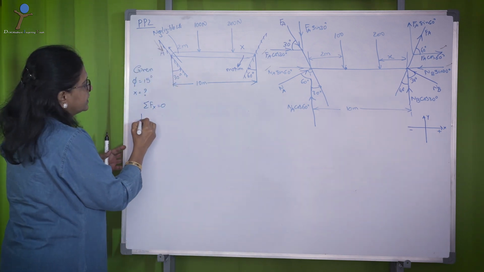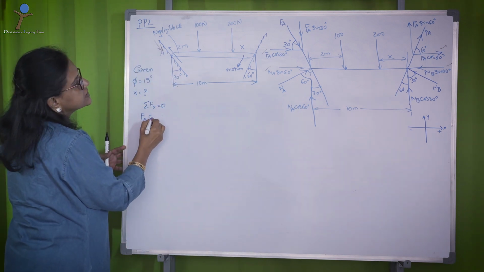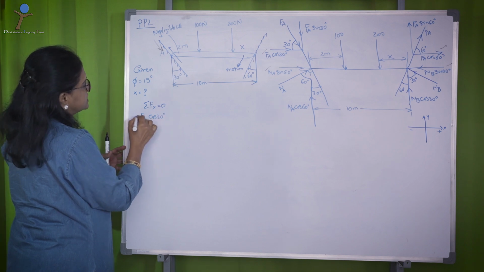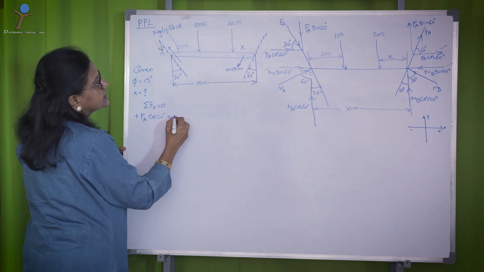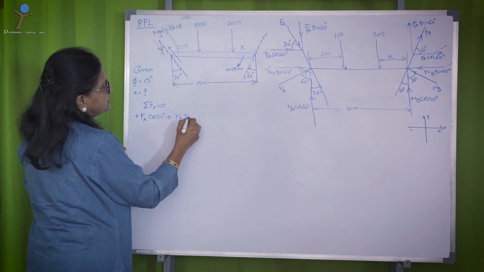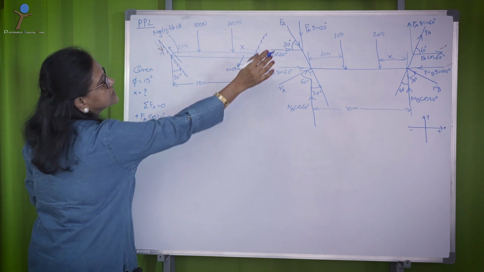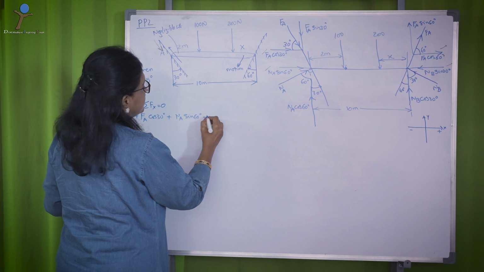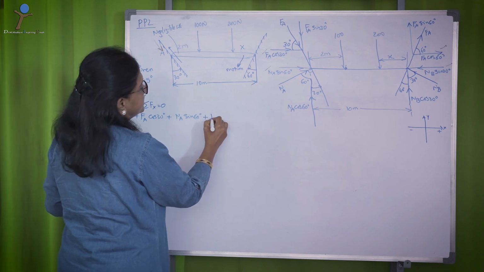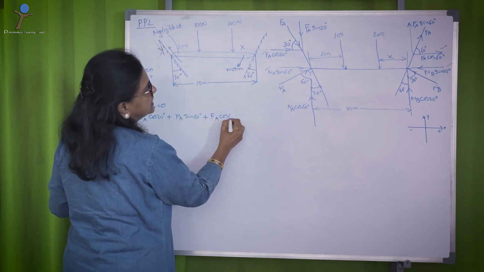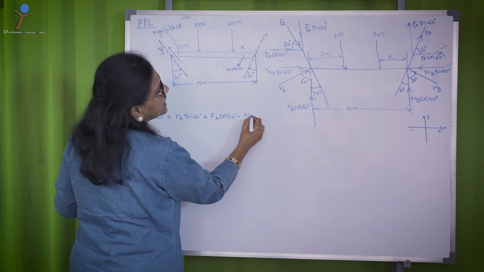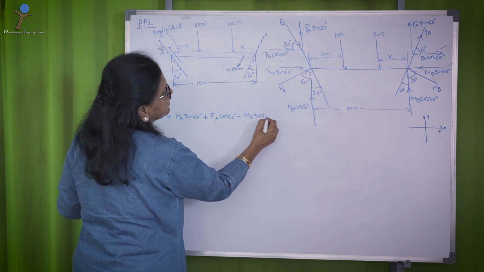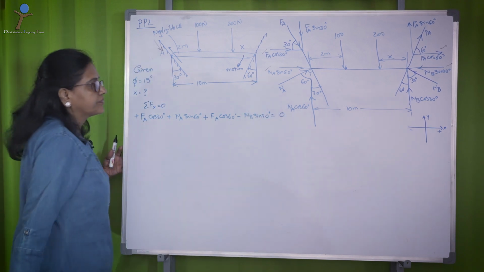Then you have FA cos 30 positive plus NA sin 60, because it is also towards right, plus FA cos 60 minus NB sin 30 equal to 0.